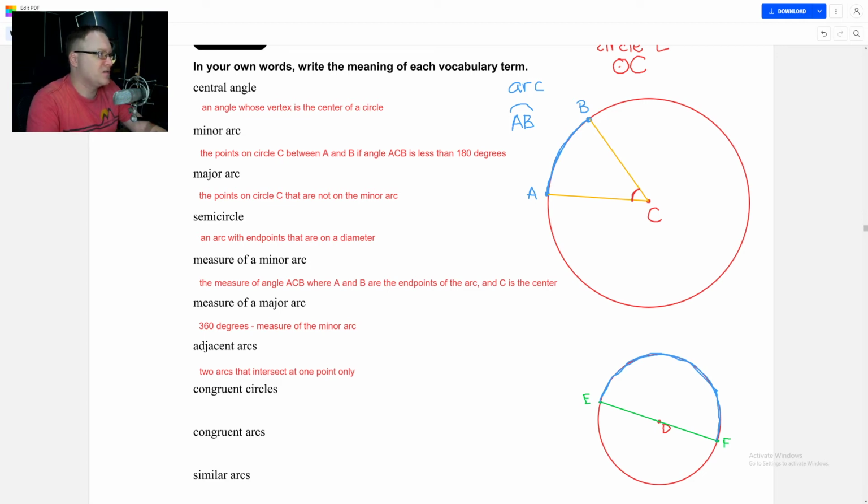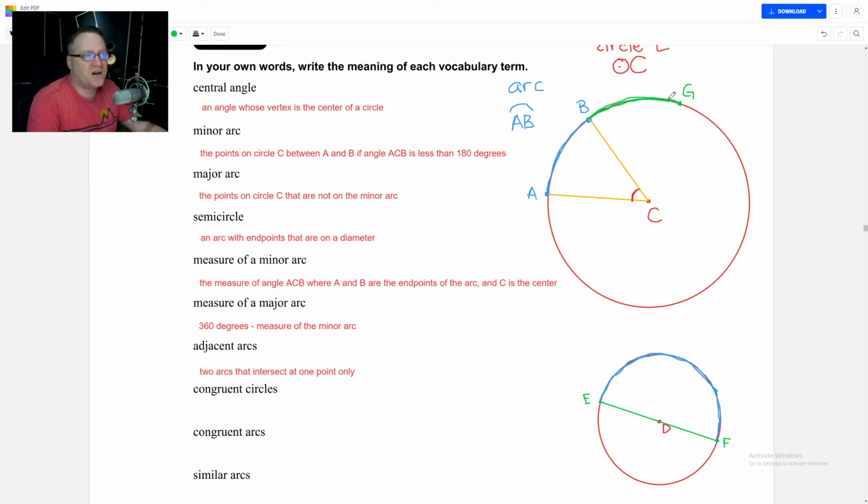So what does that look like? Well, let's draw it. Up here, I'm going to draw another arc. Let's say we have a point over here. Let's call this point G, and let's draw an arc from B to G. Here we go, we got our arc. It's kind of hard to draw, but you get the idea.